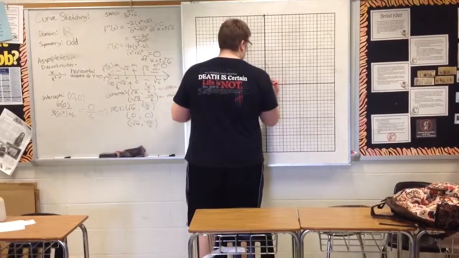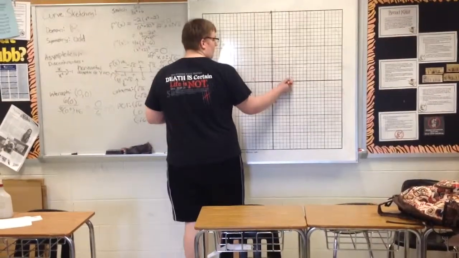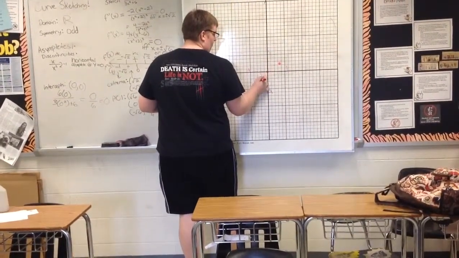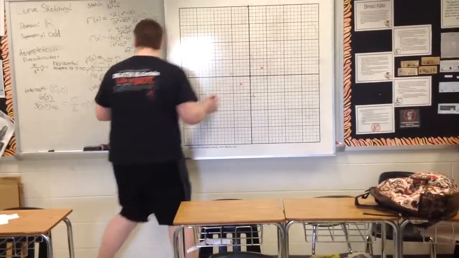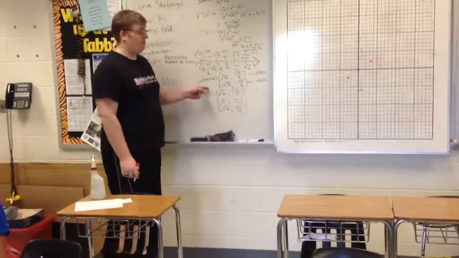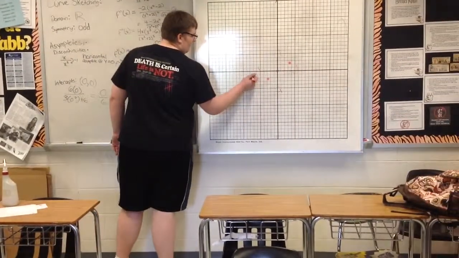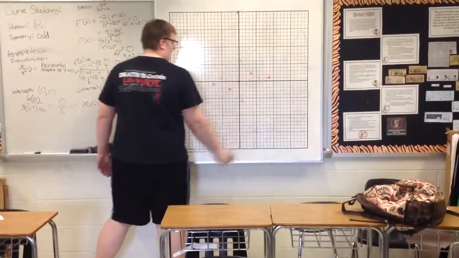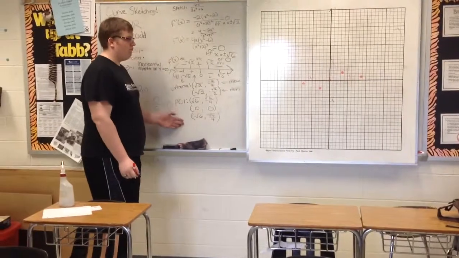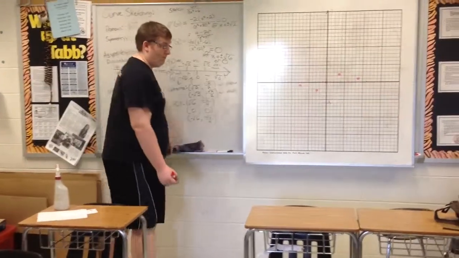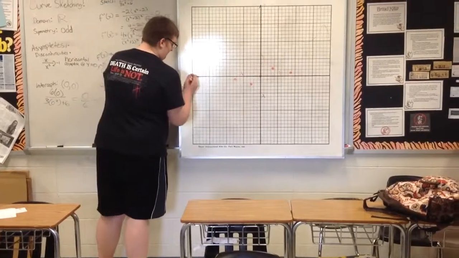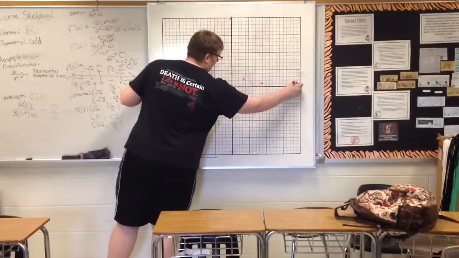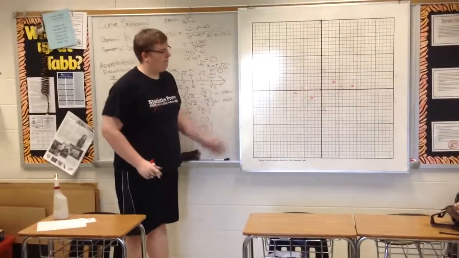After plotting intercepts, we plot our mins, maxes, and points of inflection. Then, we look at our asymptotes and we plot those as well.